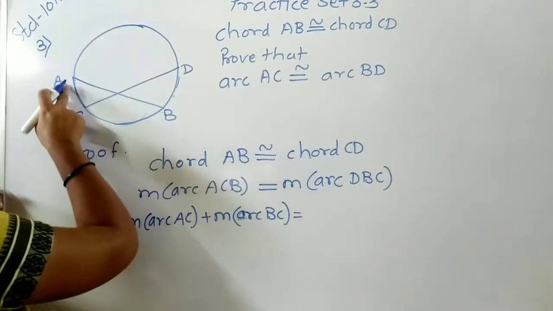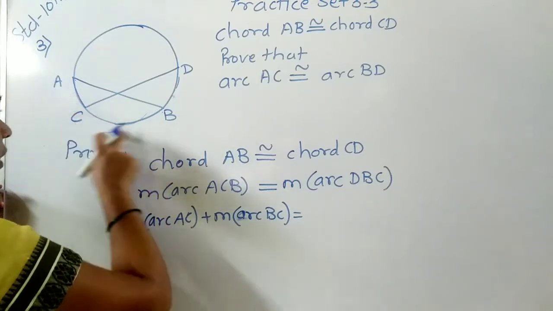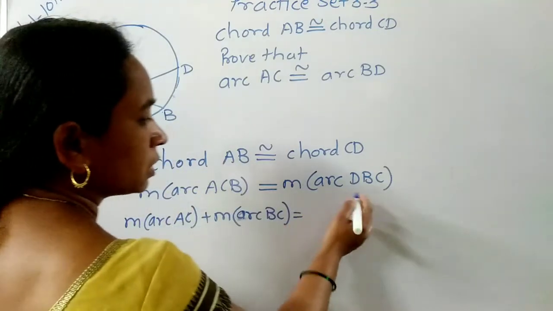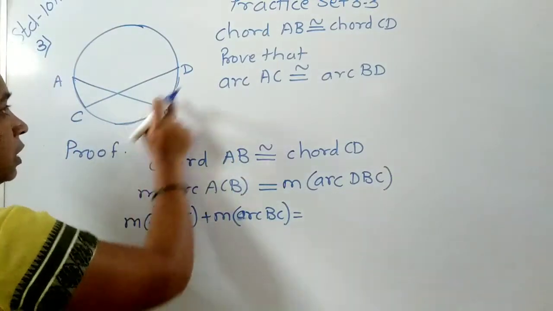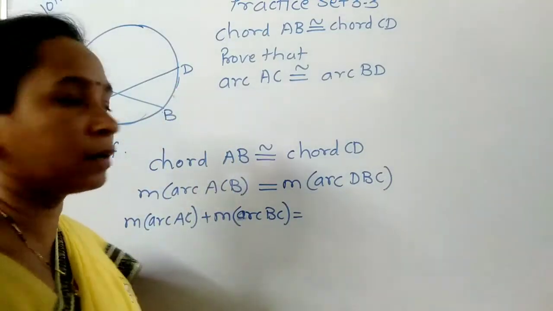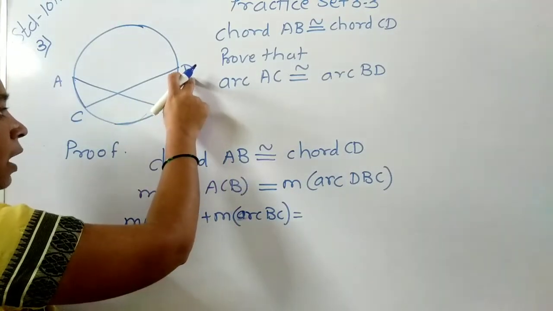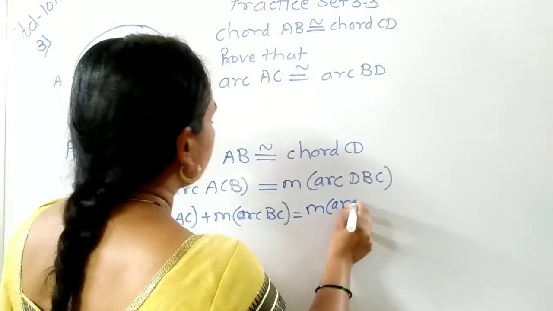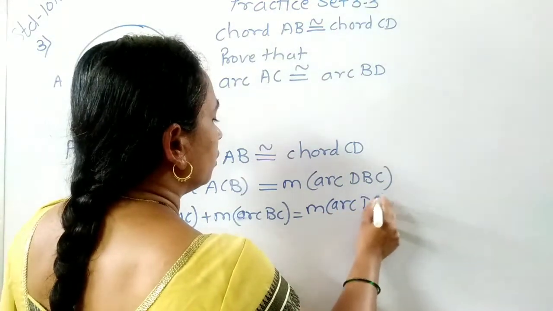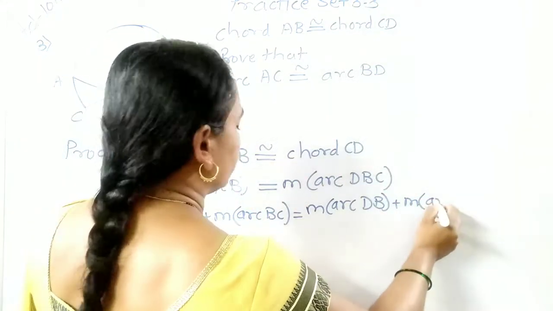So if I add AC plus BC, I'll get the complete arc ACB. Similarly, arc DBC is also formed by two arcs. So if I add DB plus BC, I'll get the arc DBC. So this is formed by measure of arc DB plus measure of arc BC.